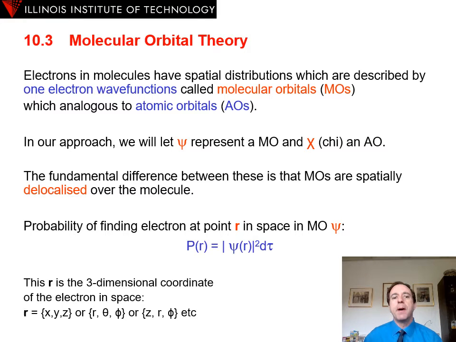Just bear in mind that when we use this equation, the r is the three-dimensional coordinate. So it's either x, y, or z, or r, theta, phi if we're using polar coordinates, or, if we're using the cylindrical coordinates that we saw earlier, it would be z, r, and phi, that azimuthal angle.